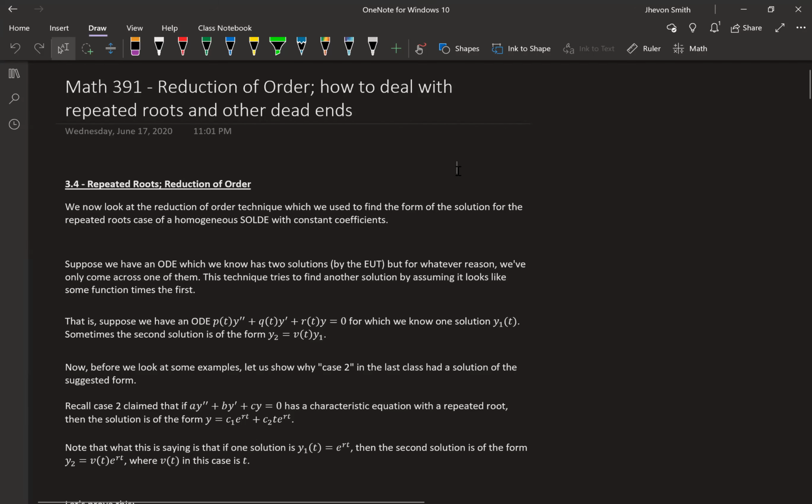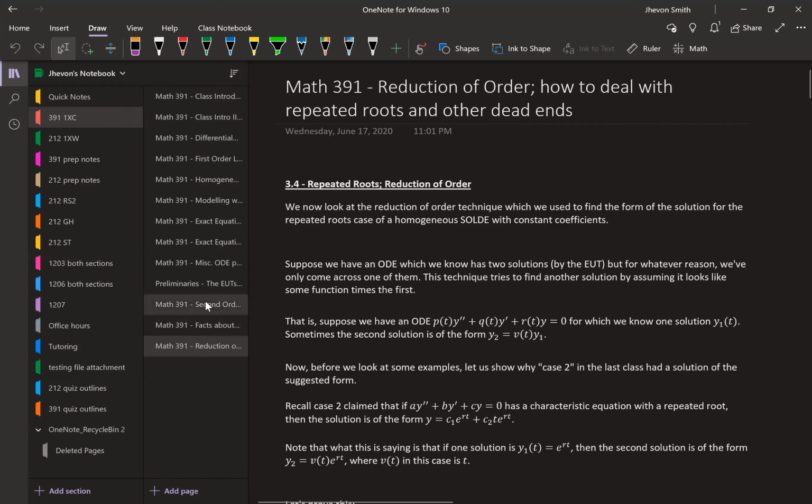So now let's actually do reduction of order. And again, this is kind of going out of order, because at this point you don't know why the solutions have to look the way they do, but let's just take it on faith that the solution is going to be that.